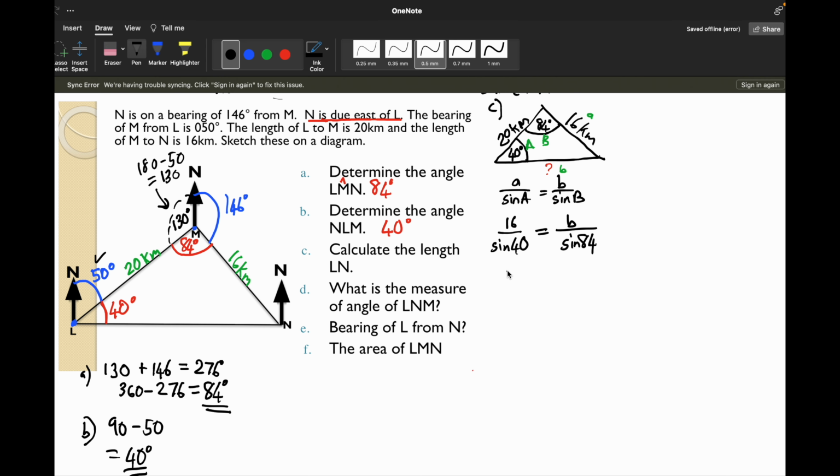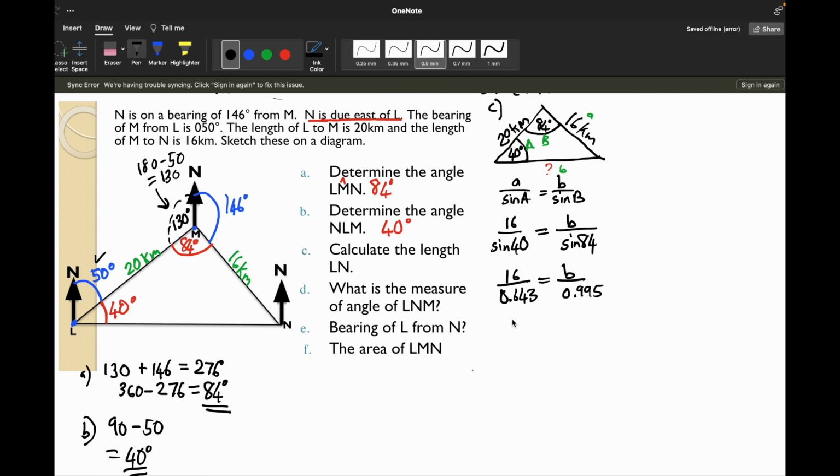So then we're going to get 16 over sine 40, and what is sine 40? 0.643, right? And that's going to be B over sine 84, which is 0.995.